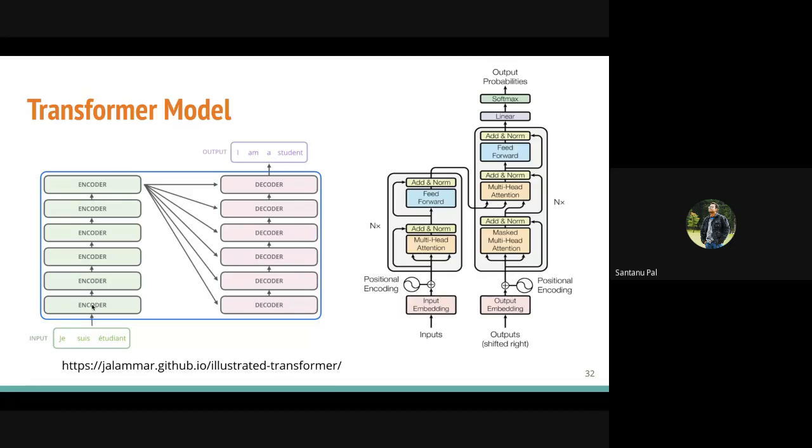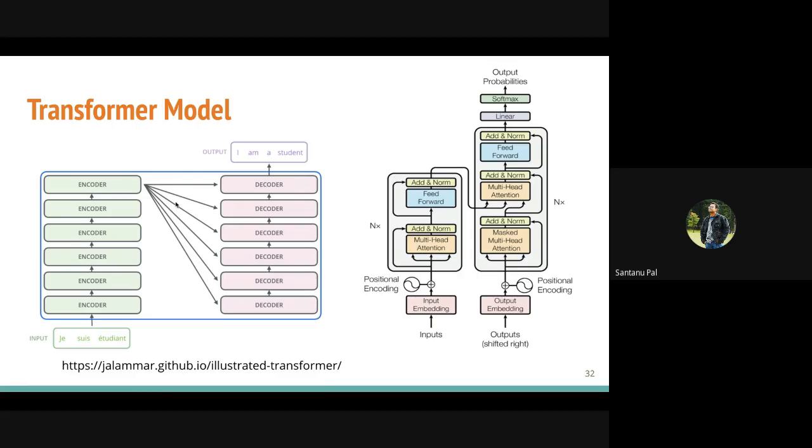The first receives the information directly from the input, and the subsequent encoders receive the information from the layer before: the first encoder passes the information to the second encoder, and then the third, and so on. The final representation is provided to all the decoding layers.